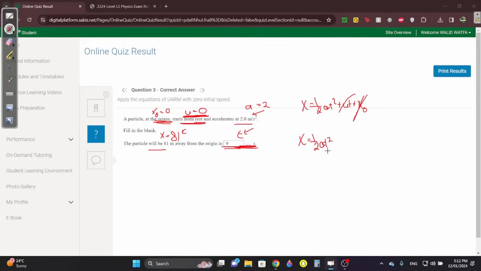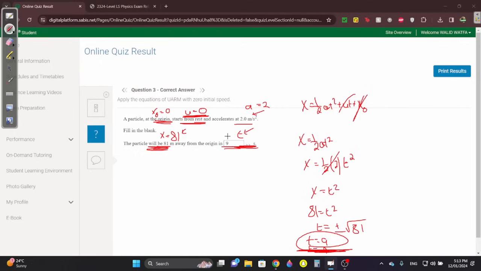Our acceleration is 2, and our time squared, we don't know, so we just leave it as time squared. 2 cancels with 2, you'll be left with x equals time squared. The x they gave us was 81, so 81 equals time squared. So time equals plus minus radical 81. So you'll get 9 and negative 9. But you guys know time can never be negative, so it's just 9.